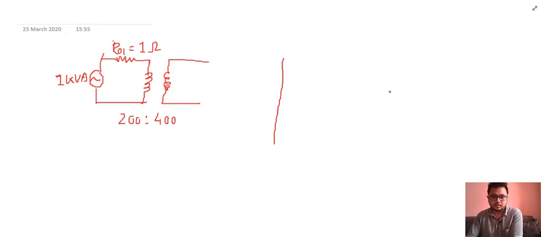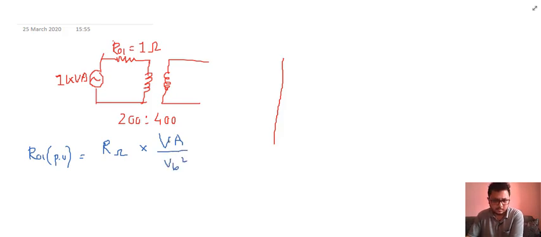Now see what you have to do. Let us consider the per unit value of this transformer in the primary side. R01 per unit, meaning in the primary side. So what is the formula? Actual value by base value. The actual value is R in ohm, and the base value is VB square by VA.